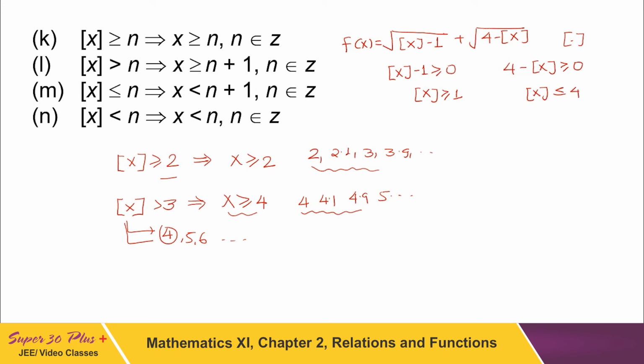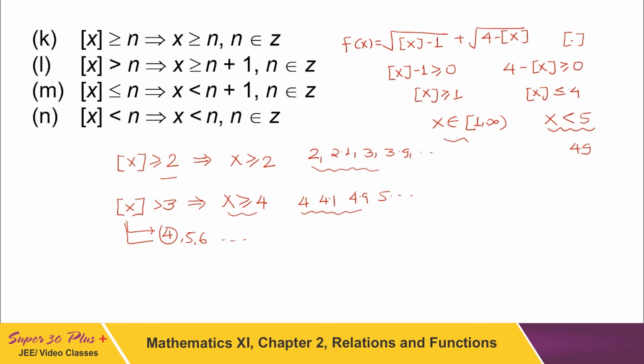Now what is the answer of greatest integer x greater than or equal to 1? If greatest integer x is greater than or equal to 1, then x should be greater than or equal to 1, or you can say from 1 to infinity. And for greatest integer x less than or equal to 4, x should be less than 5. It is important because for 4.9, the greatest integer is 4.